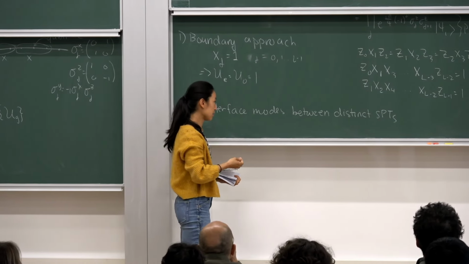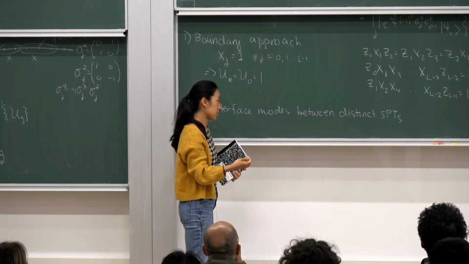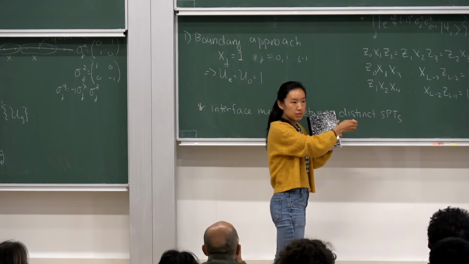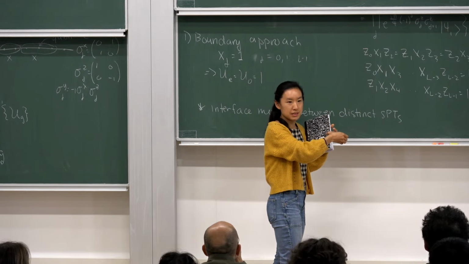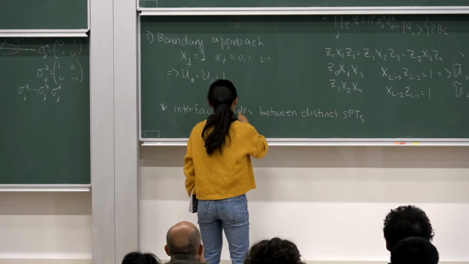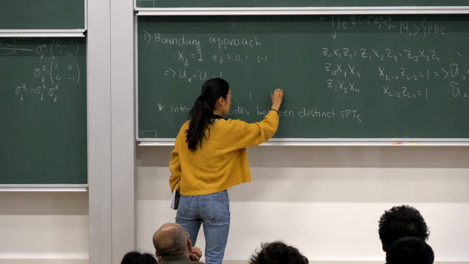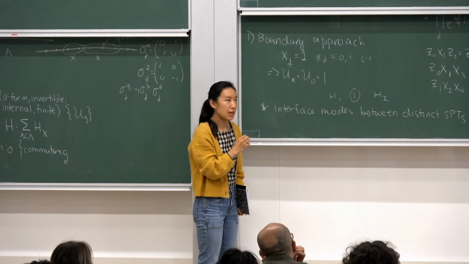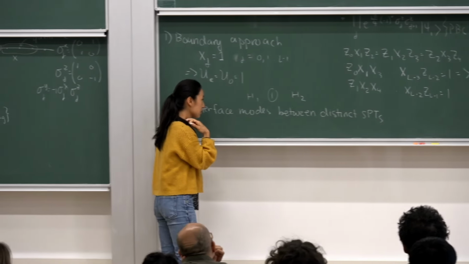One way to think of that: this is in terms of the boundary, but you can also derive a degeneracy when you have an interface between these two SPTs. If I put SPT A on the left side, so this is H1, and H2 on the right side, then there's some degeneracy in the middle, because you can also derive this projective representation at the interface.